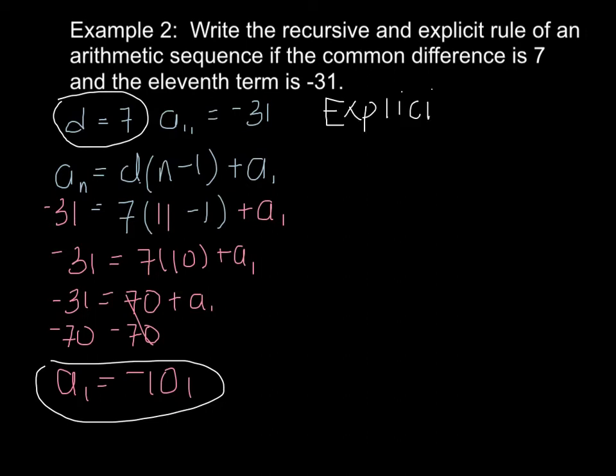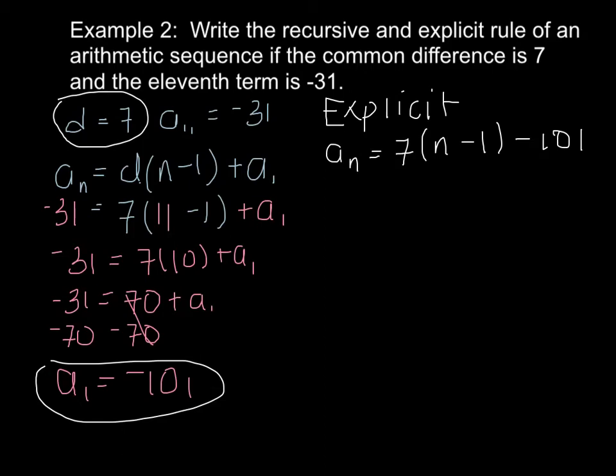We already know that it should be in the format a sub n equals d times n minus 1 plus a sub 1. So let's plug our numbers in. A sub n equals d, the common difference of 7, times n minus 1 plus, or in this case, minus our first term, because it's negative.